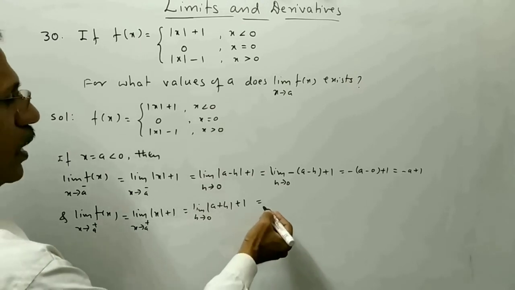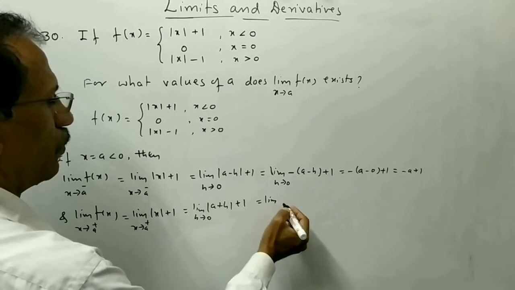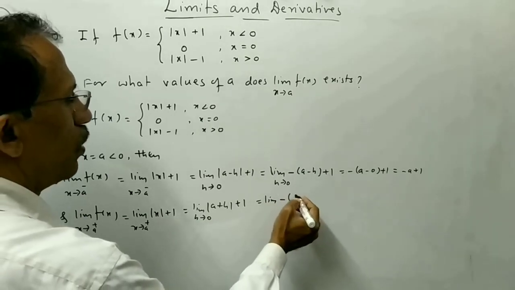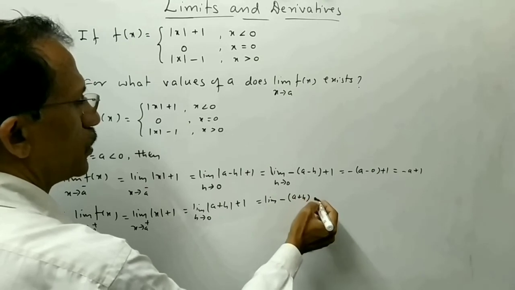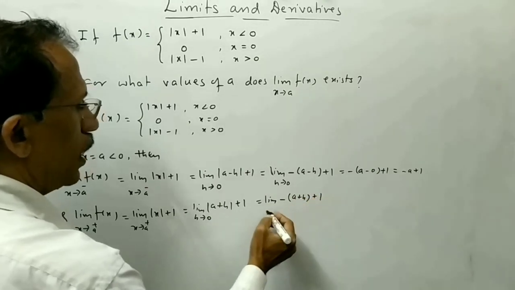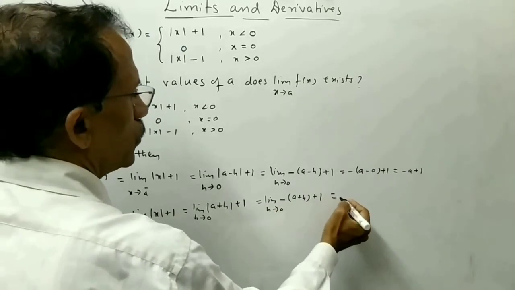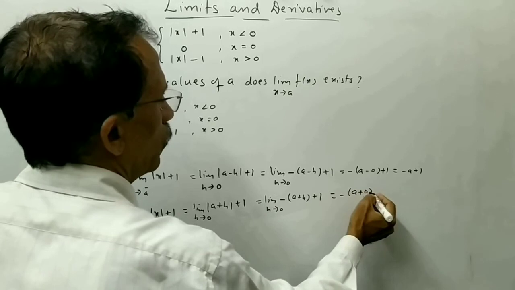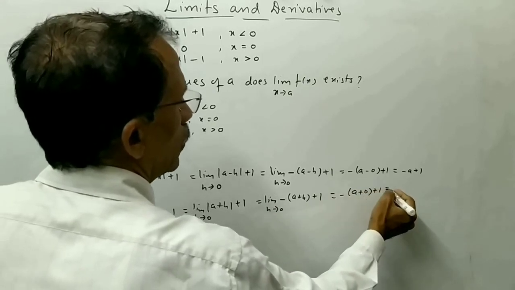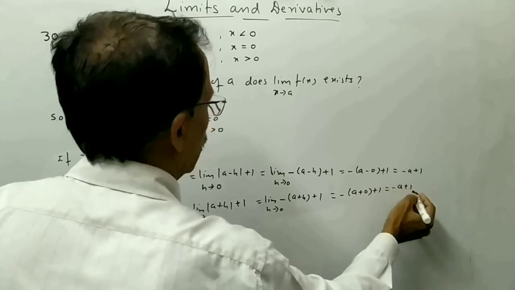So because of that we can write the next step as the limit of minus of a plus h plus 1 as it is, when h tends to 0, is equal to minus a plus 0 plus 1 is equal to minus a plus 1.